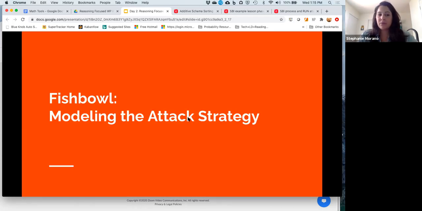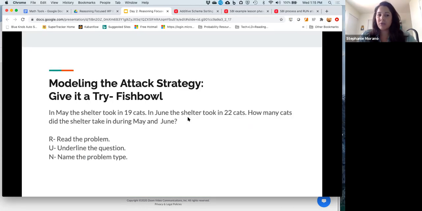Okay, so that was a quick introduction of what using the RUN ATTACK strategy would look like to process a basic combine problem. What we're going to do here is take about 5 minutes.